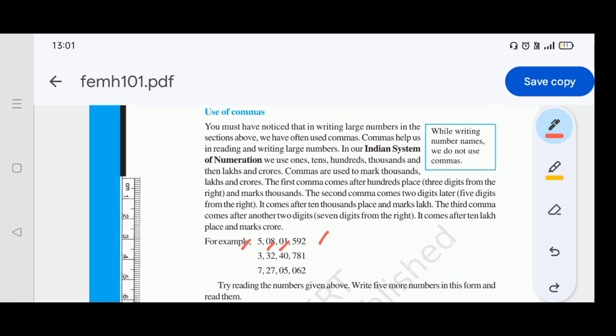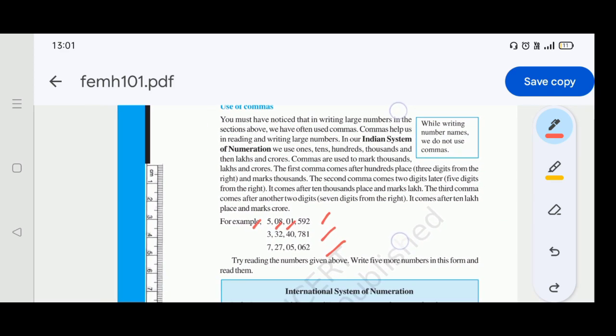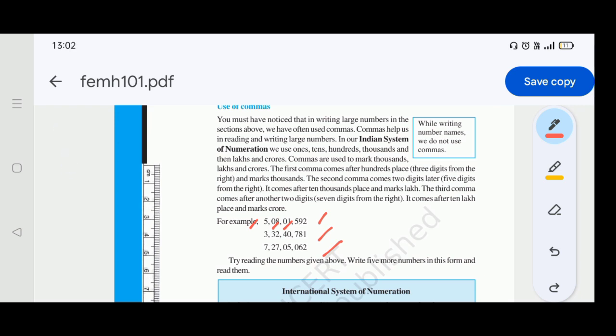Here we can say 3 crore 32 lakh 40,781. Similarly, the third number is 7 crore 27 lakh 5,062. Try reading the numbers given above. Write 5 more numbers in this form and read them. While writing number names, we do not use commas. This is an important note which has to be noted down.